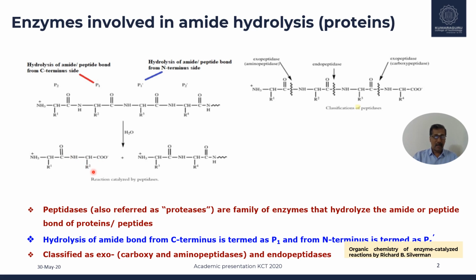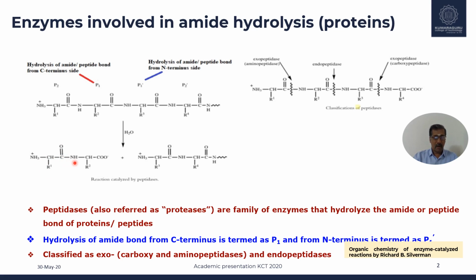So what is the meaning? If hydrolysis of a peptide or amide bond occurs from the C terminus side, that means the C terminus should be contributed by that particular amino acid. So here you can see this is the C terminus, the carbonyl group contributed by this amino acid.